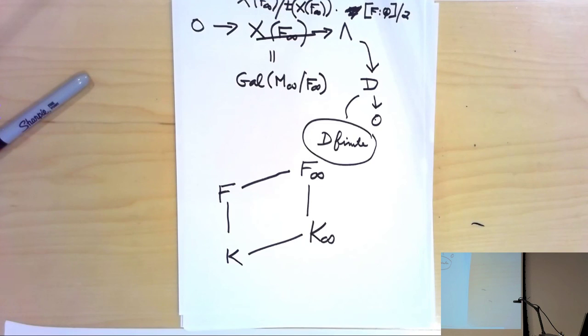But just before, why was the fixed field of L infinity prime under gamma n the same as L n prime?